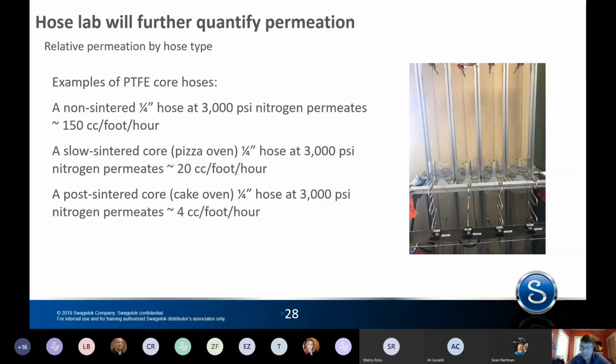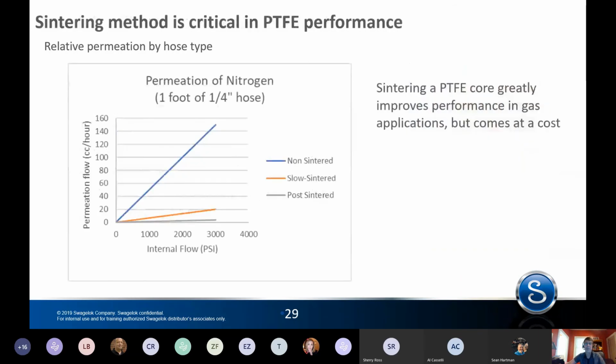So the message here is, if you have a PTFE core hose, which you probably do somewhere, and you're using it on gas, understand how important permeation is. These are those same numbers shown graphically. The non-sintered hose in blue is permeating at 150 at 3,000 psi.